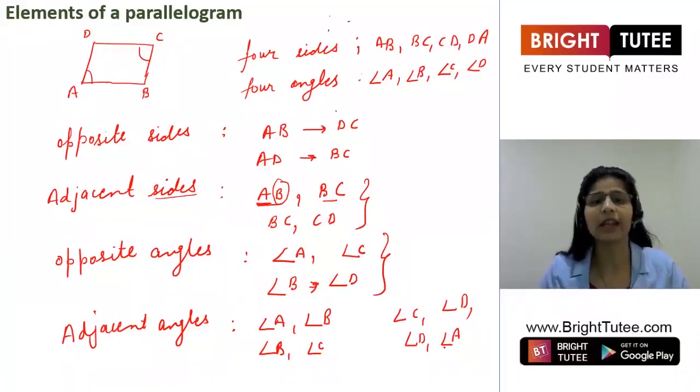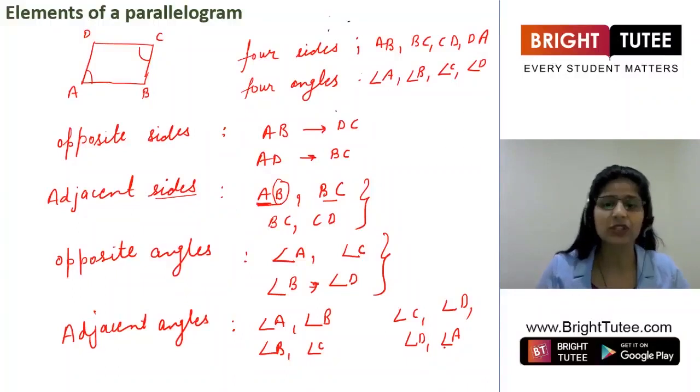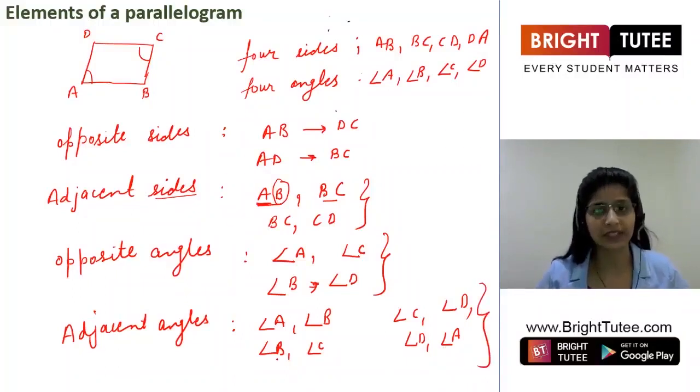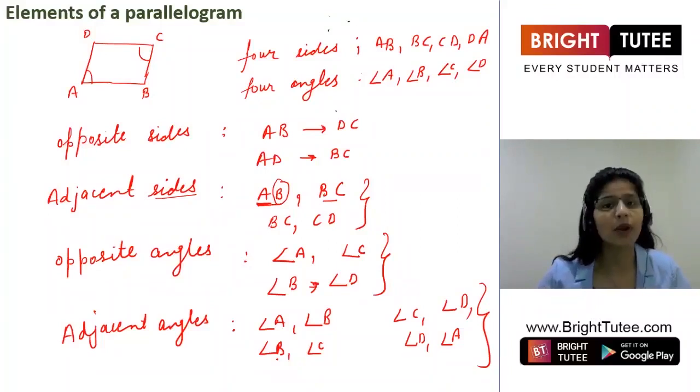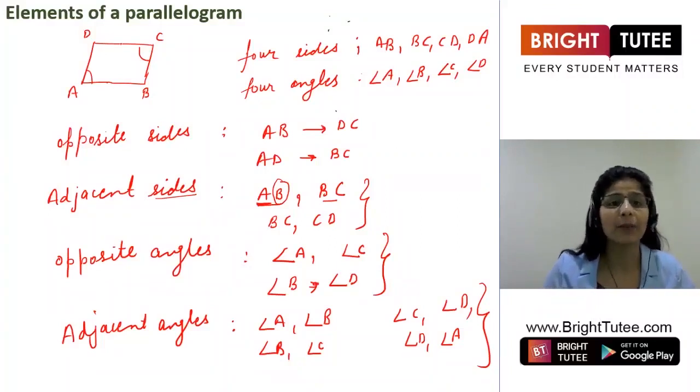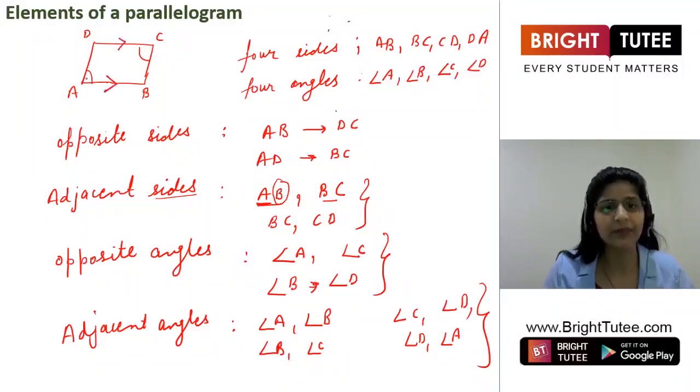They're lying on the same line. Clear? So these are our adjacent angles. So what we have discussed: the four sides, the four angles, opposite sides, opposite angles, adjacent angles. And the main property, what is a parallelogram? Having opposite pairs as parallel. That means AB is parallel to DC and AD is parallel to BC, like this.